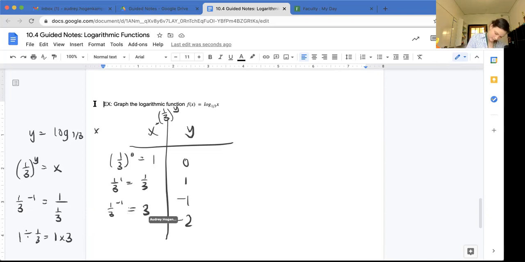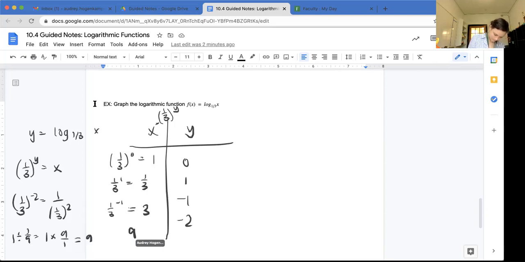And then same thing with 1/3 to the -2. We're going to have 1/3 to the -2 equals 1 over (1/3) squared. 1/3 squared is 1/9, so 1 divided by 1/9 equals 1 times 9 over 1, which equals 9.